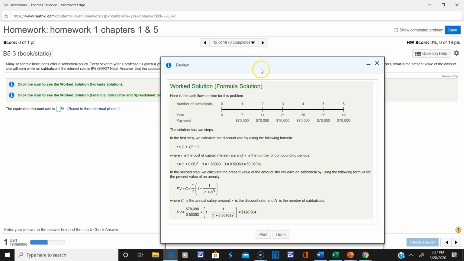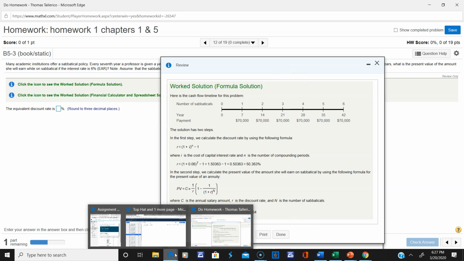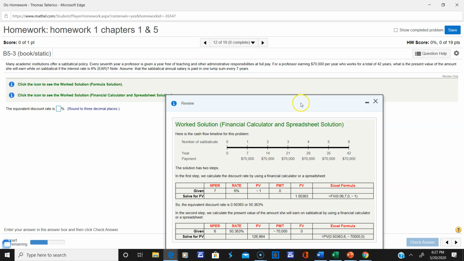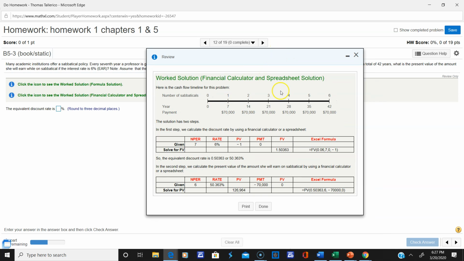Now let me show you this in Excel, if you don't mind. Here's the Excel one. So again, here's the 6 periods of 7 years each. You'll notice this goes to 42 years. You're getting a $70,000 payment from year 7, and then year 14 you get a $70,000 payment, at the end of each year, and that goes on and on.